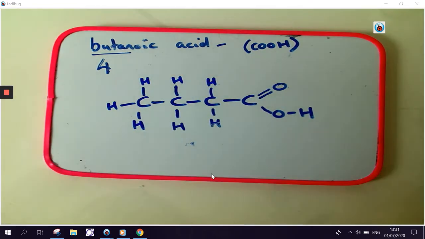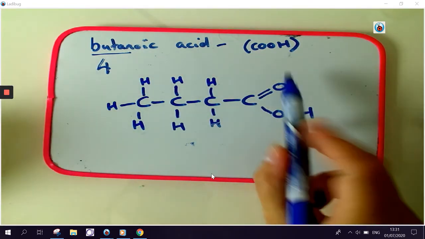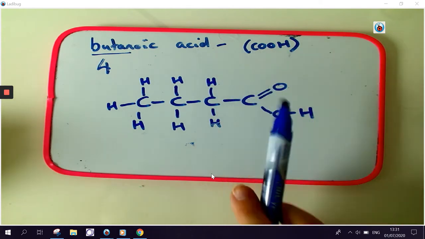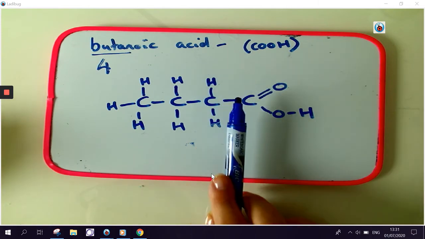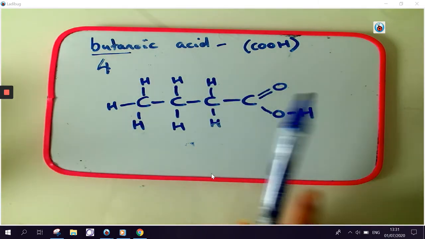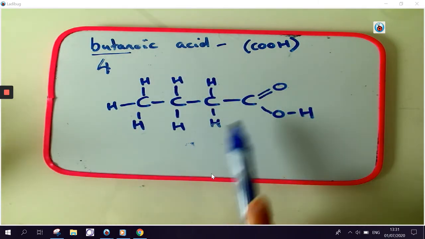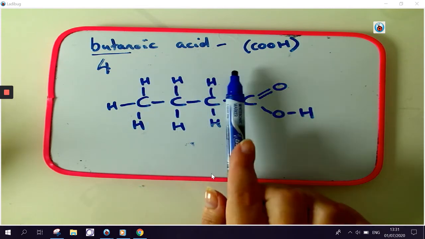Now, if I'm writing the formula, it's got to end in the COOH from this section here. So again, as I did with alcohols, I can name all of this, or I can split it into the sections of the molecule.